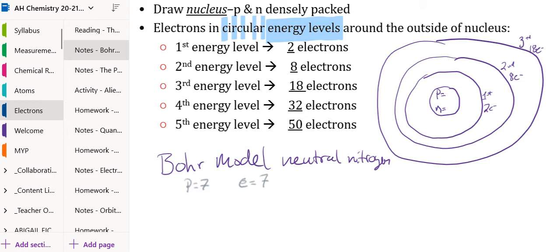So I didn't give you the mass number in this problem, right? But if we look at the average atomic mass, do you think you could reasonably predict the most abundant isotope of nitrogen? Nitrogen-14.